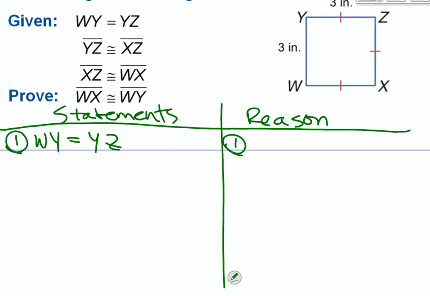WY equals YZ, and that is the given. Now you're going to know why we wrote those partial proofs. If you have to look at your partial proofs, go ahead and look at them. Give me a head nod if you know what you're going to do next. So if you don't know what you're going to do next, you're looking at those partial proofs. Tell me what my next statement's going to be.